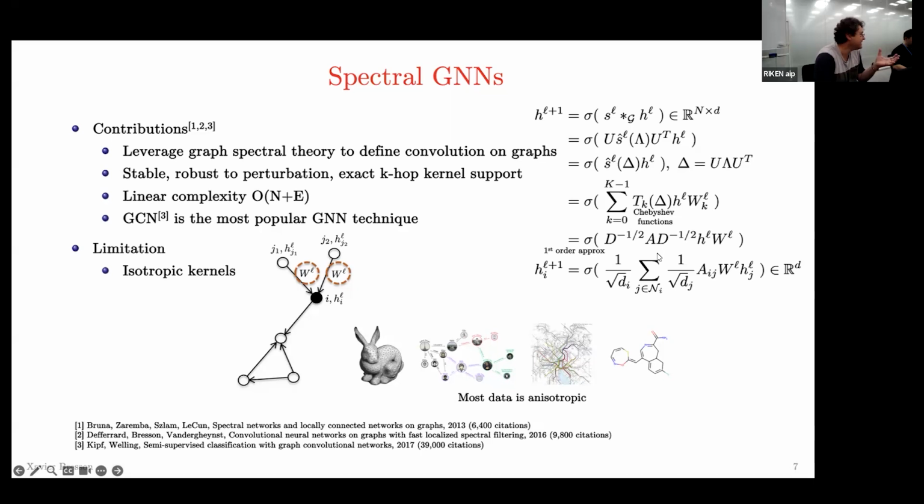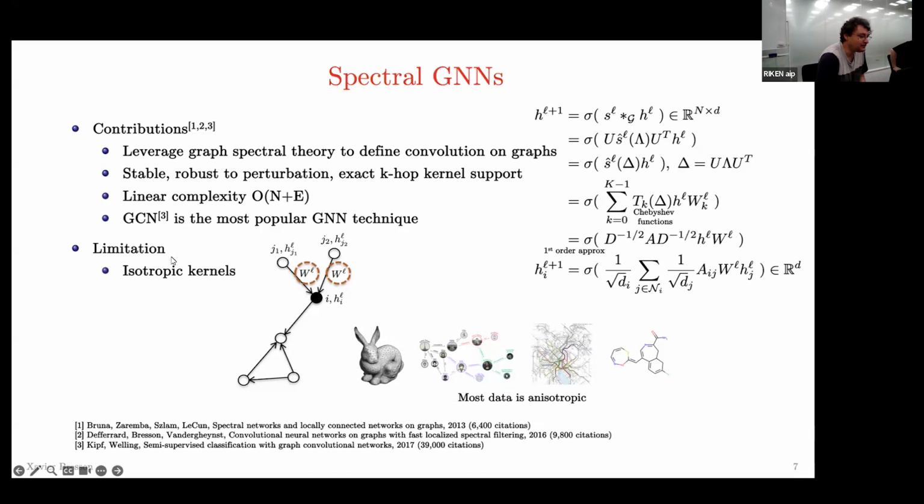They said, let's just use the linear approximation. And this is now the most popular GNN, and I'm very jealous, because what we should have done is exactly that. We should have presented the linear approximation and put the complex stuff in the appendix. But yeah, that is a good lesson for me.